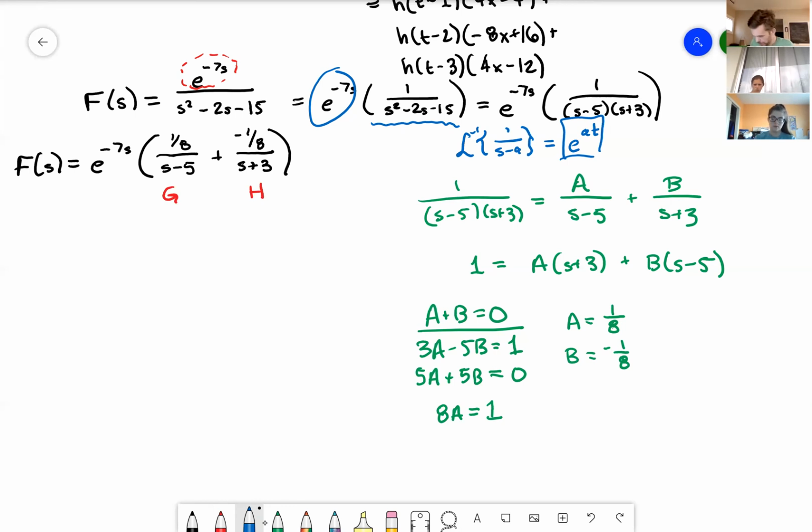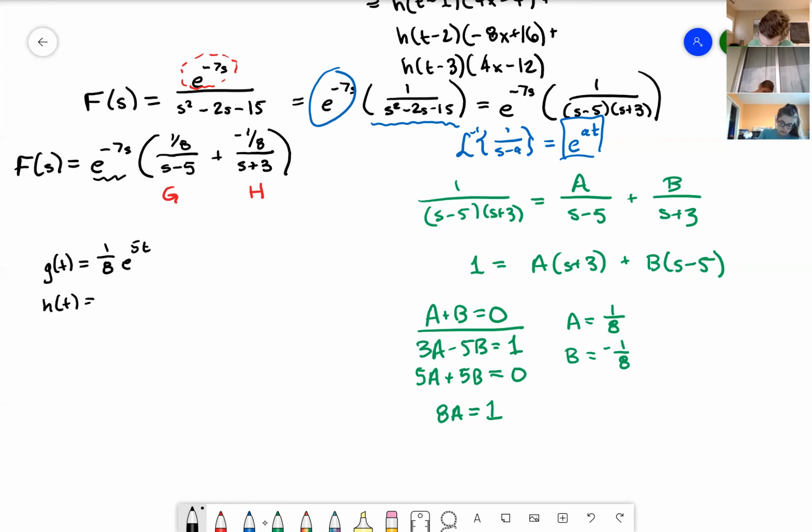So what do we have? We have the shifted version of, let's see, g of t. This is 1/8 e to the 5t.